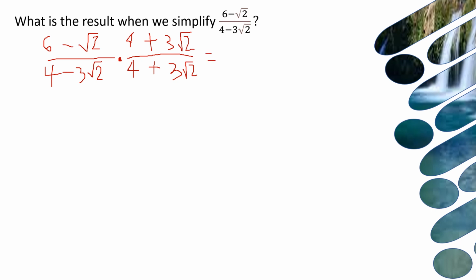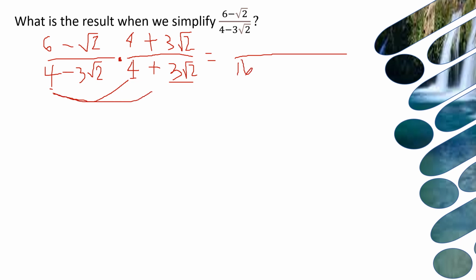So let's multiply first the denominators. Then we apply the FOIL method again because this expression is a binomial and the other expression is also a binomial. So first terms, that's 4 times 4 is 16.